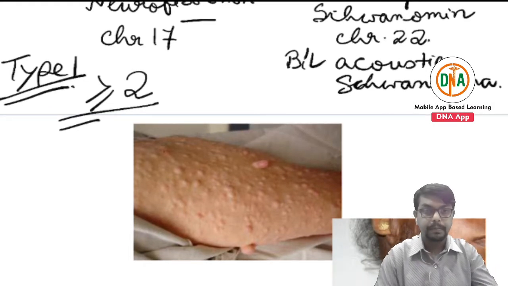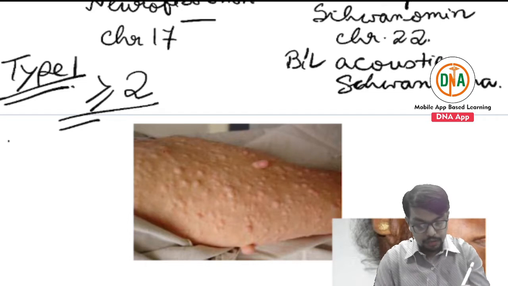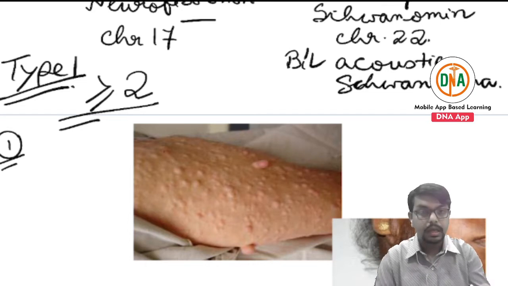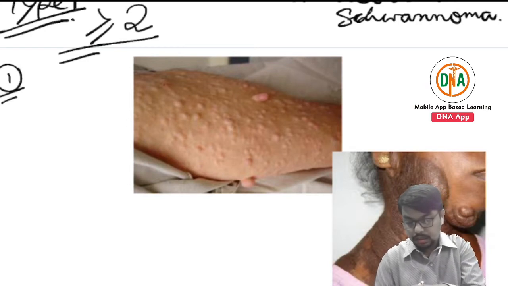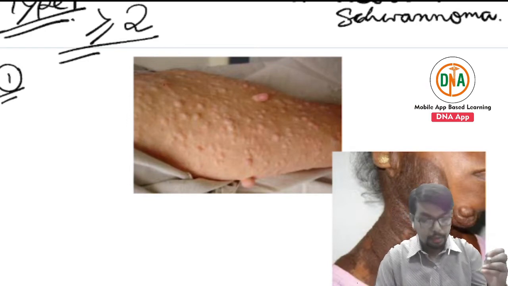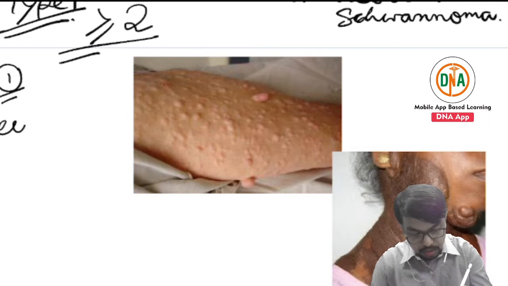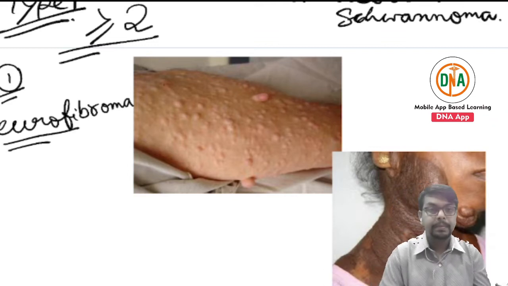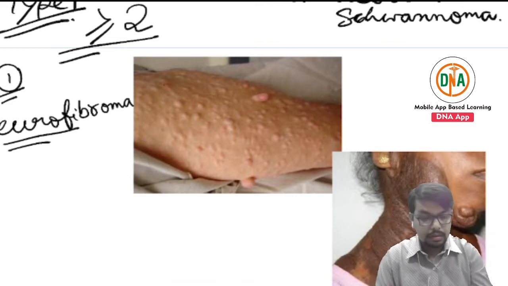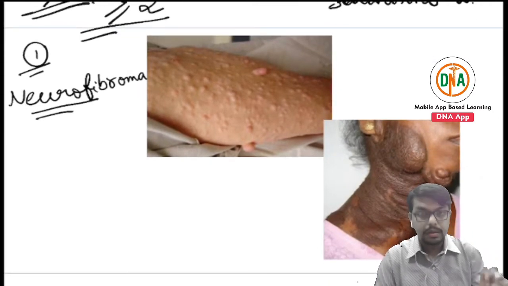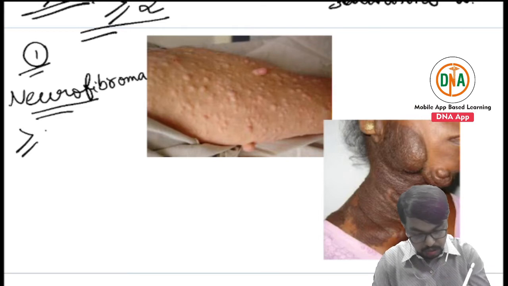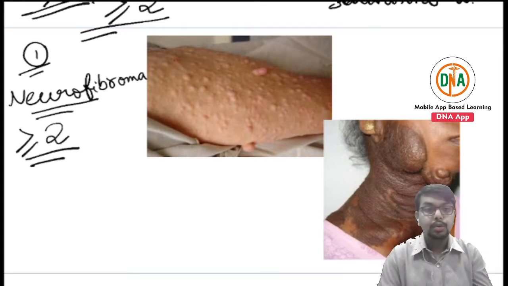Now the first criterion is neurofibroma. There must be 2 or more neurofibromas.